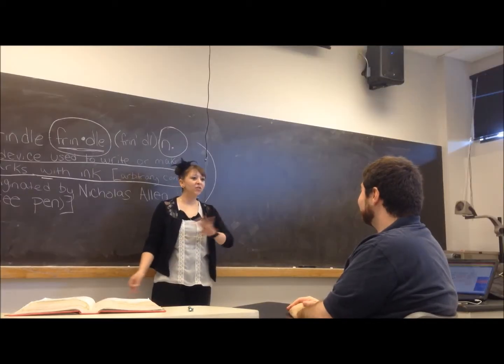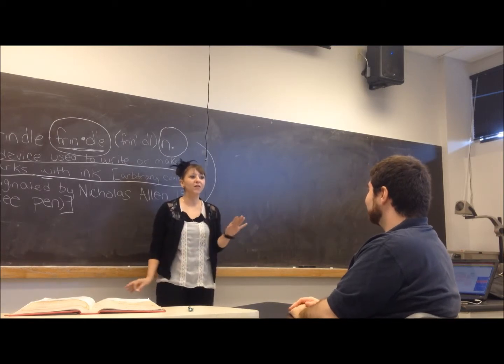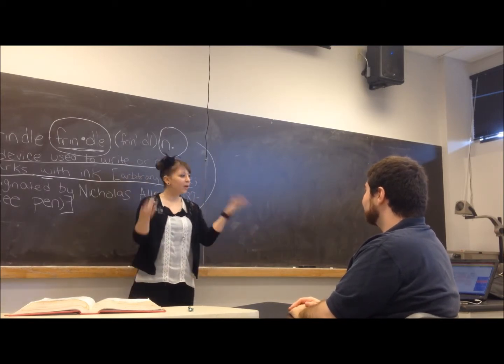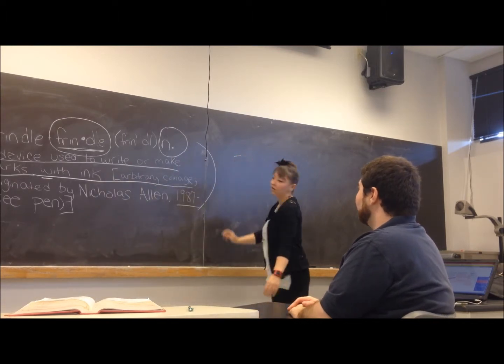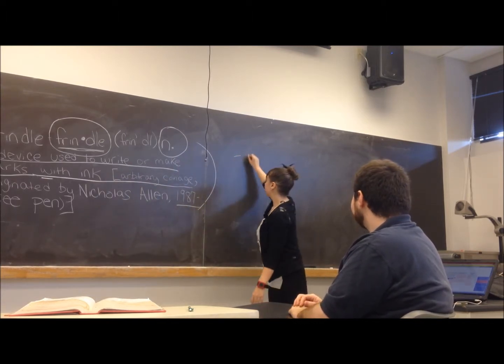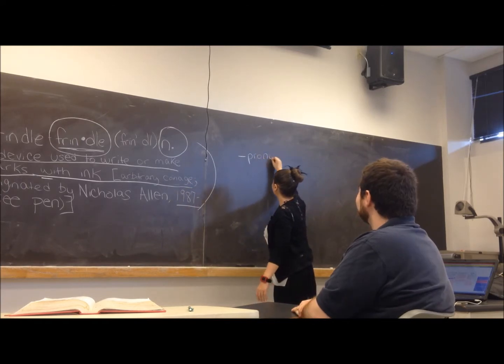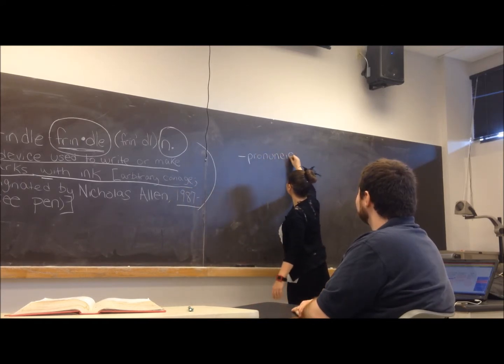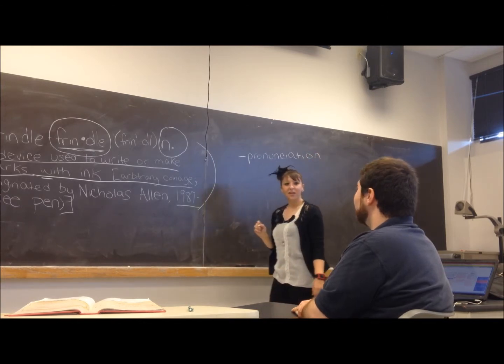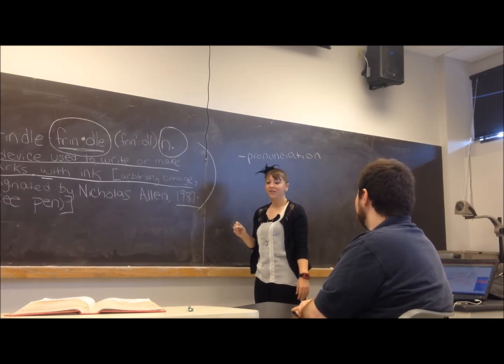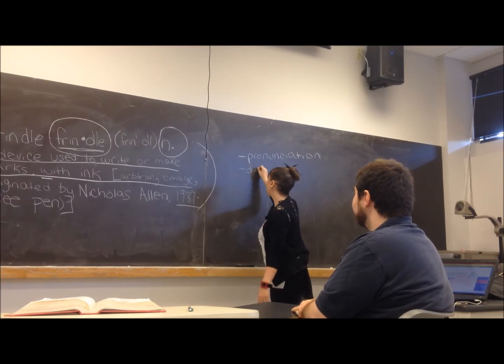Okay, guys, so we've talked about a lot of different elements of the dictionary. Let's see if we can remember all the different parts. So what does the dictionary contain? Pronunciation. Is there anything else? And that's a very important one.